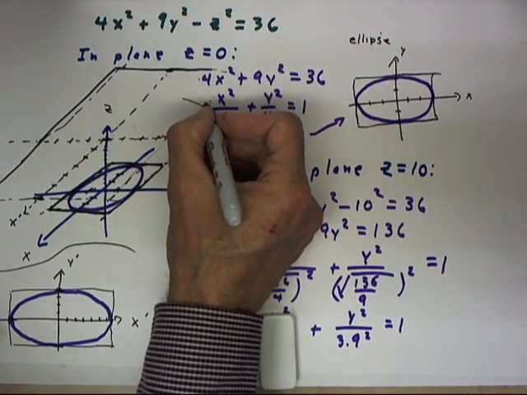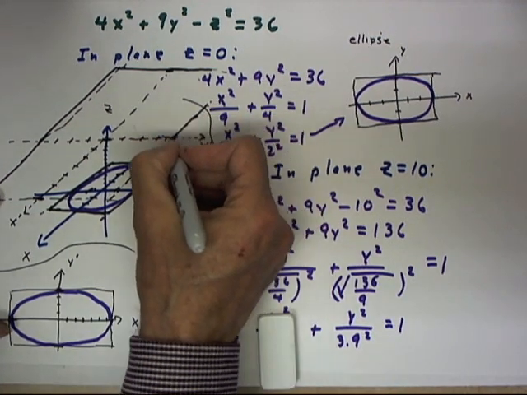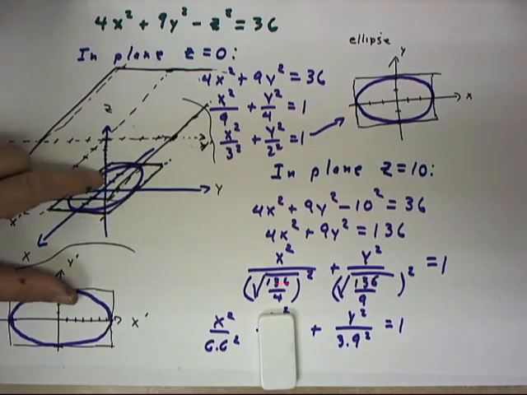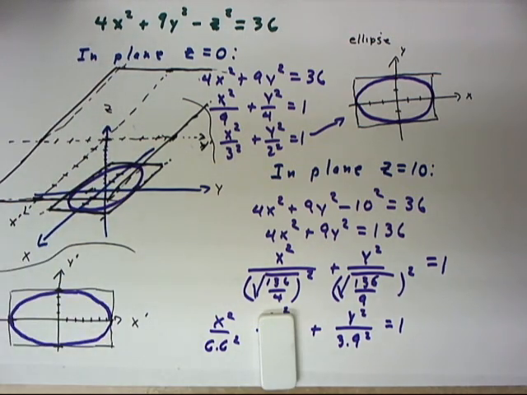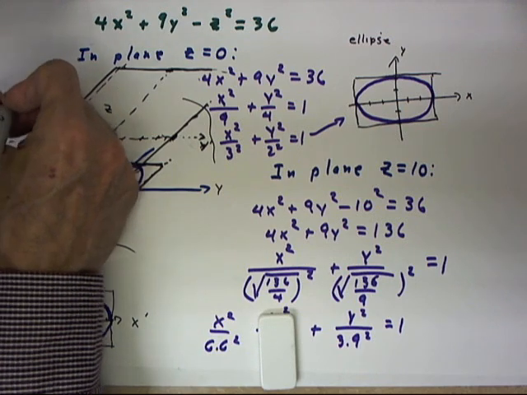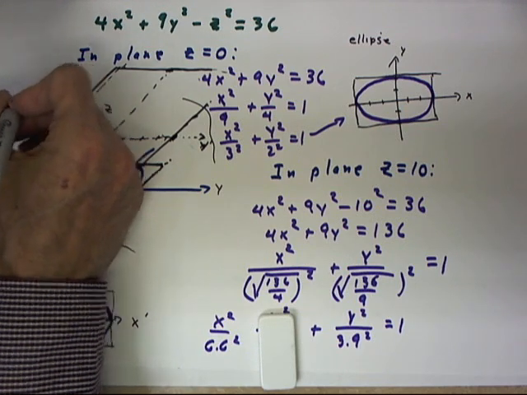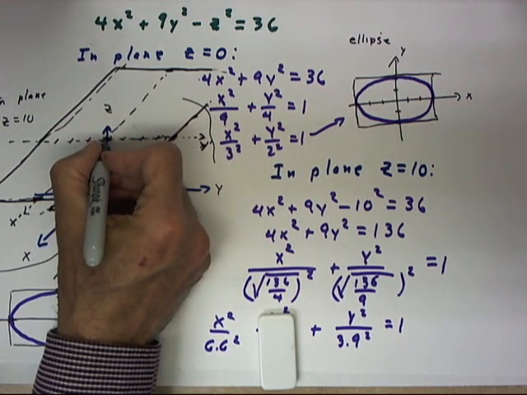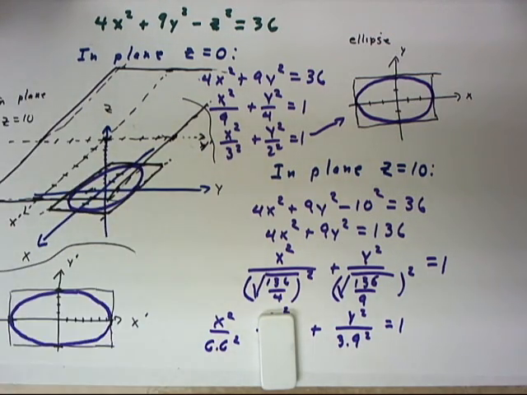I have to kind of leave it off here so I don't write over my equations. But right here is a picture of this rectangle, and we understand this is in the plane z equals 10, centered on the z-axis, 10 units above the xy plane.